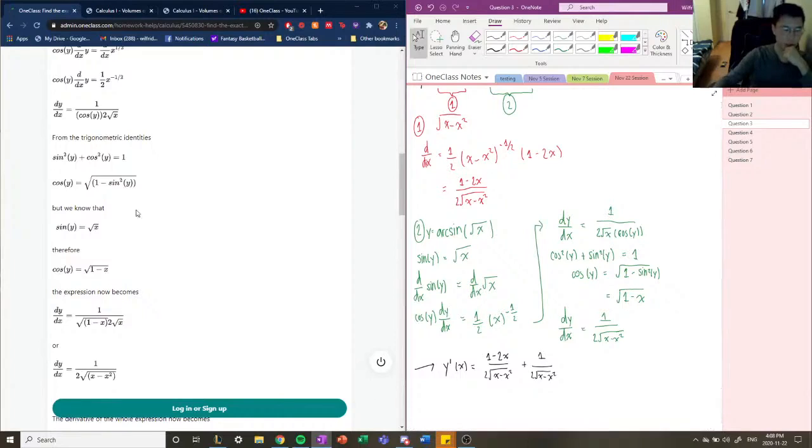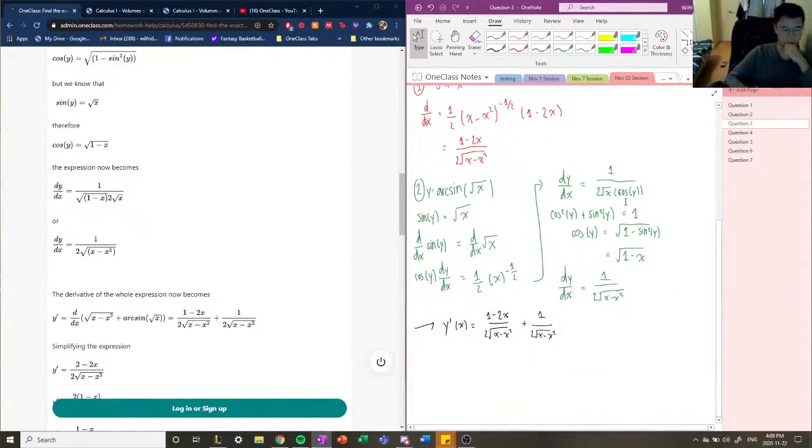Okay, cool. And now we're going to simplify this all together, and we get 2 minus 2x. So 1 minus x over x minus x squared.